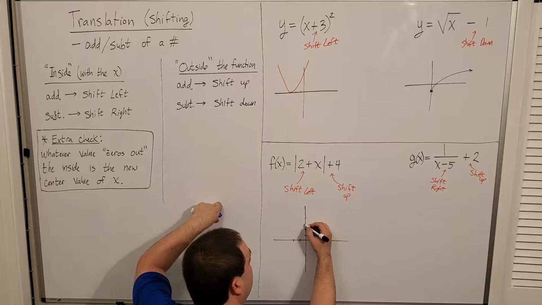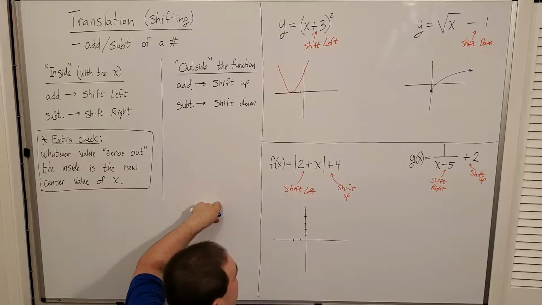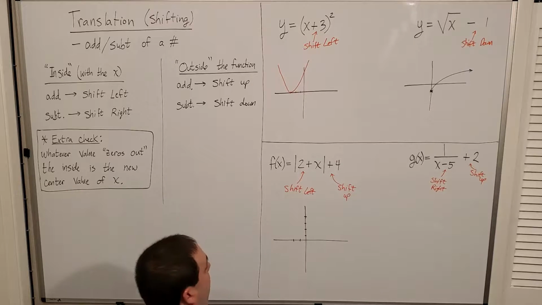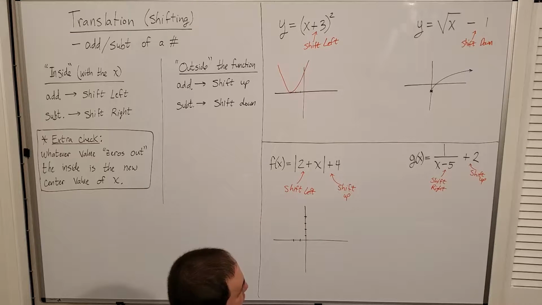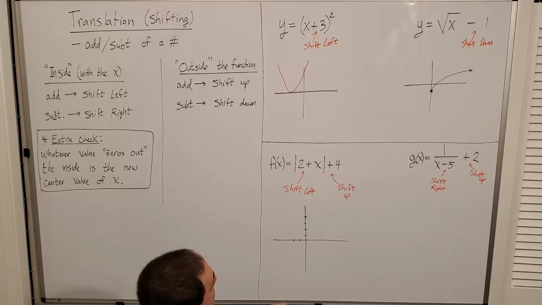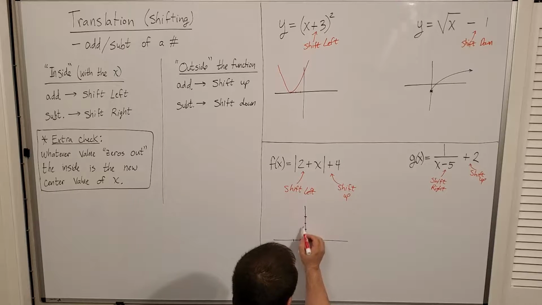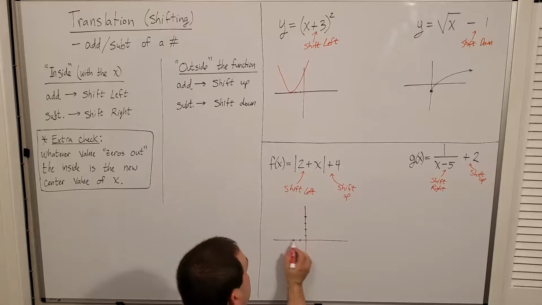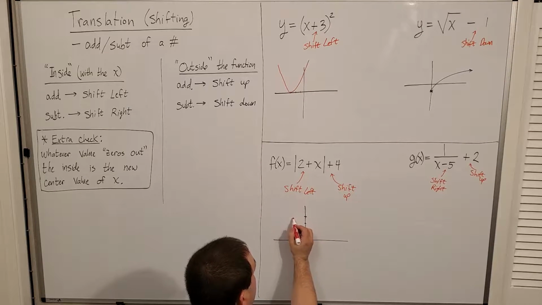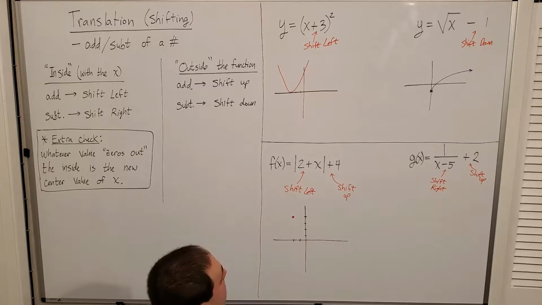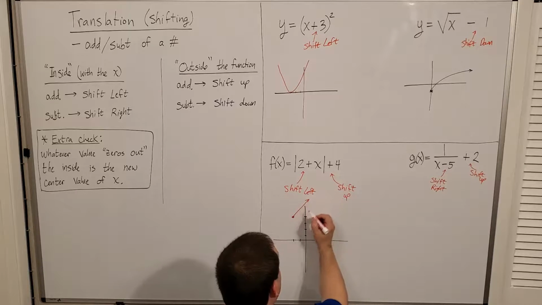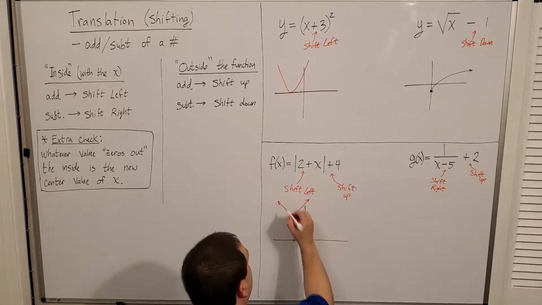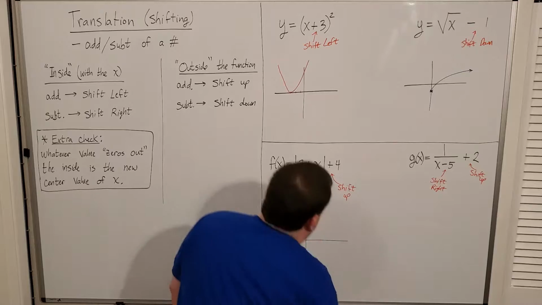So something like that. And then it is the absolute value shape unchanged, so it should be the V shape with a 90-degree angle, and it's been shifted left 2 and up 4. So that's right here is my new center point, okay? And then my V shape is going to go this way, like this, okay?